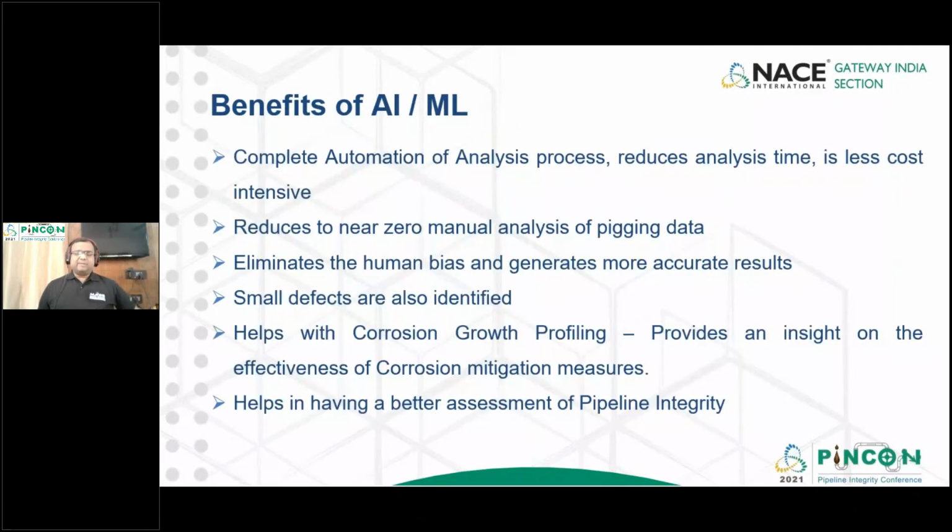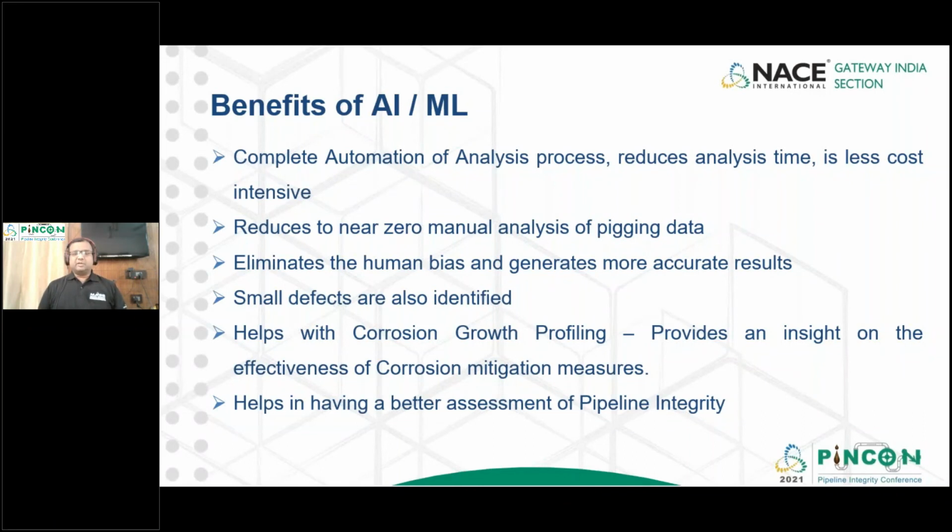When we talk about benefits of AI over the manual process, there are numerous. Just to summarize, the AI process reduces human dependencies. That means it reduces retention, monitoring, as well as the training process of the human.